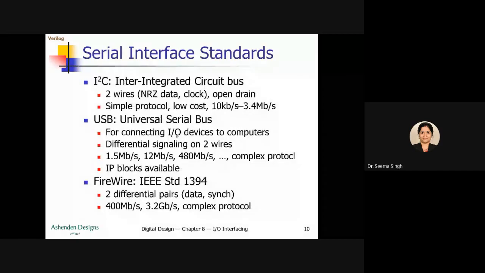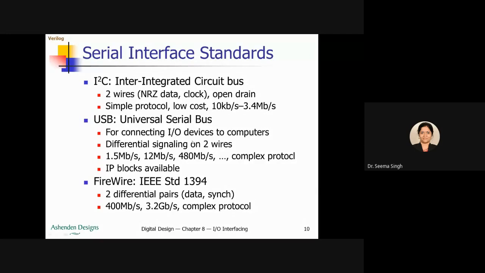Second one is I2C. It is the inter-integrated circuit bus. It has two wires, one for data, one for clock. The data will be in non-return to zero fashion, NRZ data, and the second one is the clock. This is the type I told you about, in which clock and data go on separate wires.